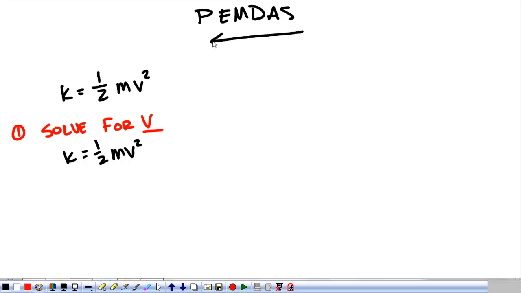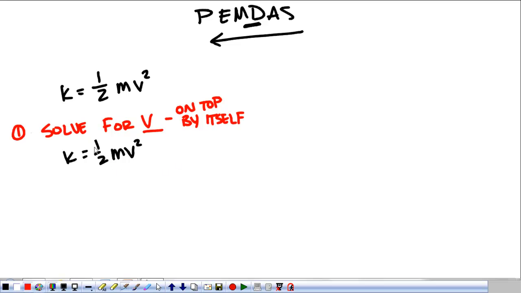And if we were doing regular PEMDAS, that'd be the second thing we dealt with. That'd be in part of the first step. But since we're doing reverse PEMDAS, we're going to take care of our multiplying and dividing first. And then we'll take care of the exponent. So again, the goal is to get V on top by itself. I'll make you sick of that phrase by the end of this.